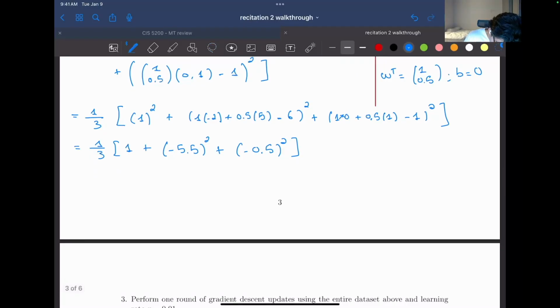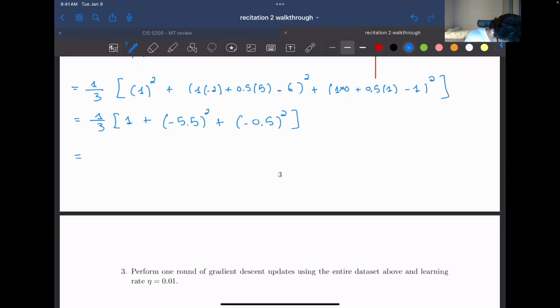And then what do we get here? 1/3, 1 plus minus 5.5 squared. What is this? I think it's 30.25. And then this guy is just 0.25.